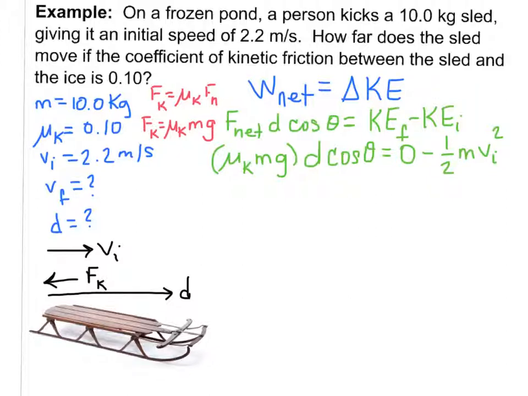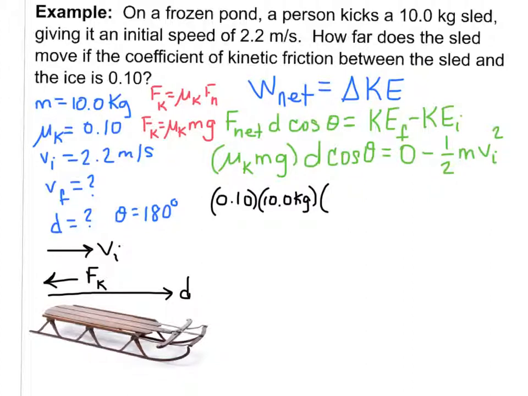Now I can simply start plugging values into my equation and chug away on my calculator. One thing I didn't write over here, though I apologize, is that theta is equal to 180 degrees because the displacement and the force of kinetic friction are in opposite directions. That's 180 degrees.